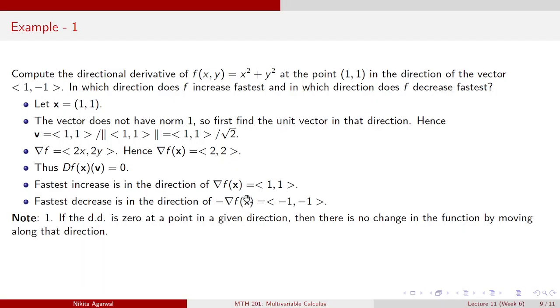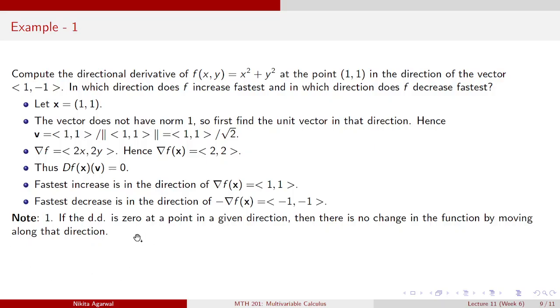Here you may notice that I have not normalized these vectors, because the question did not ask about the unit direction in which it increases fastest or decreases fastest. It just asked me for a direction, so I need not normalize them. But normalization of a vector is important when you compute the directional derivative. Keep this in mind.